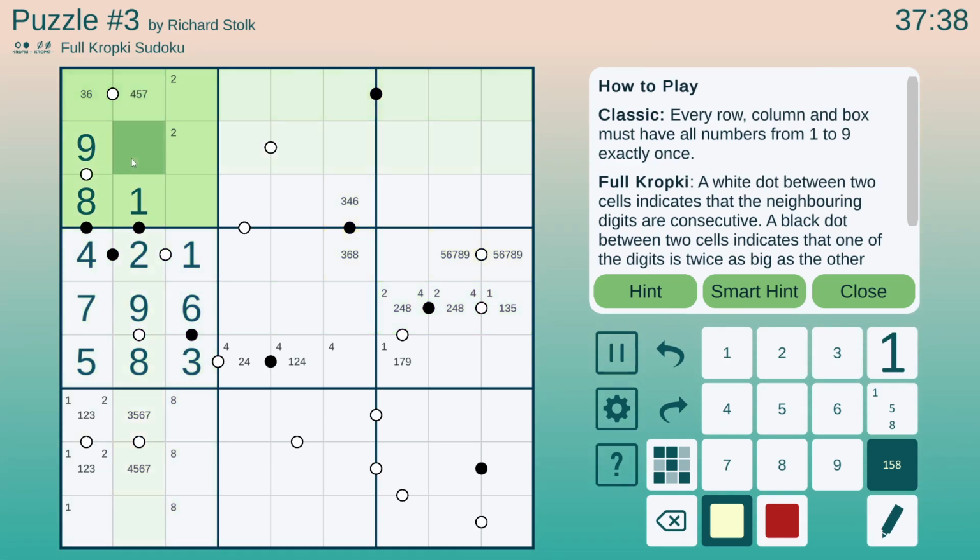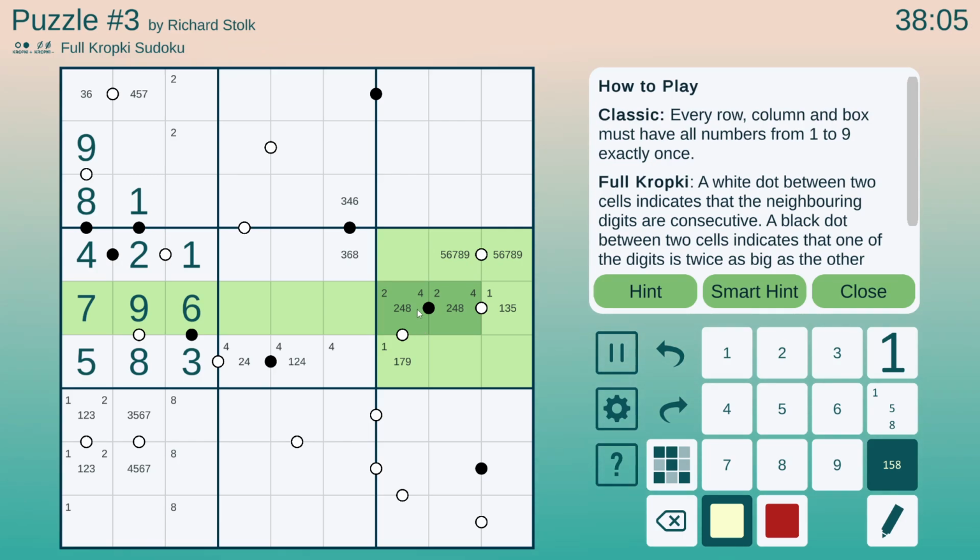I feel like I could get this. I don't know though. Probably not yet. Right, so 1 can't go in there because it would force a 1-2 pair.